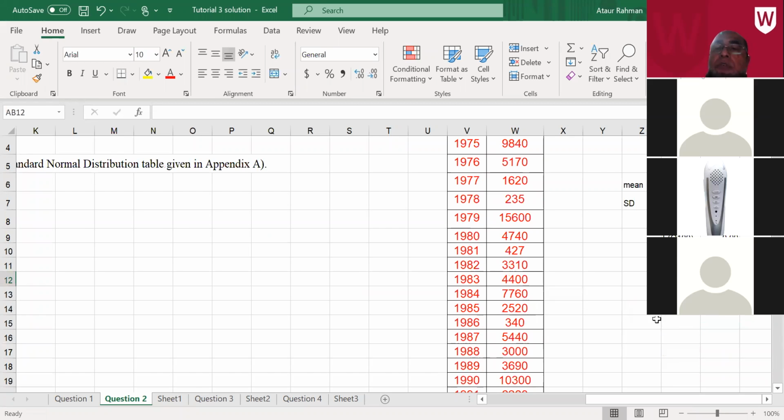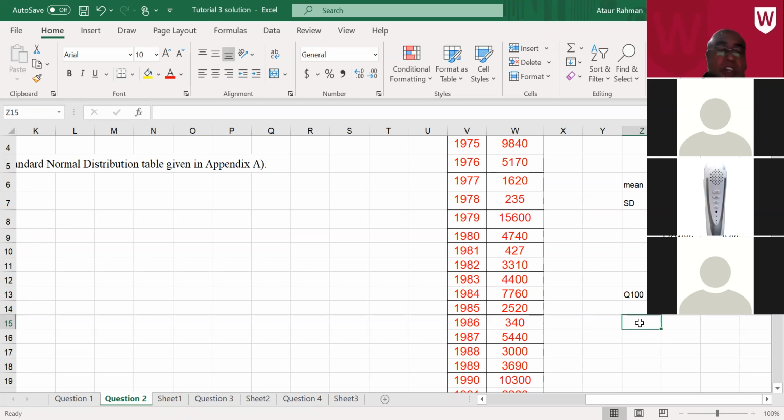Now we can find our Q100, which is our X, equal to our mean, which is here, plus our standard deviation, which is here, times our Z, which is here. So Q100 is 10952.7.